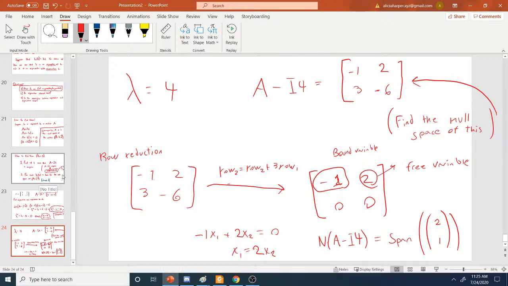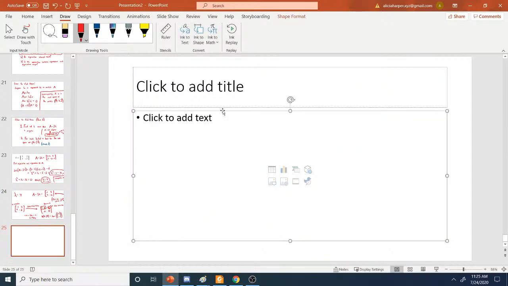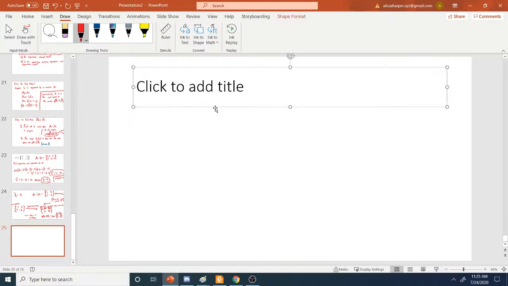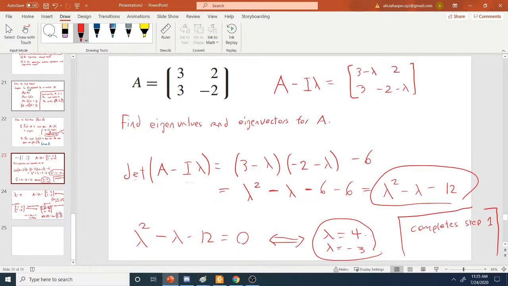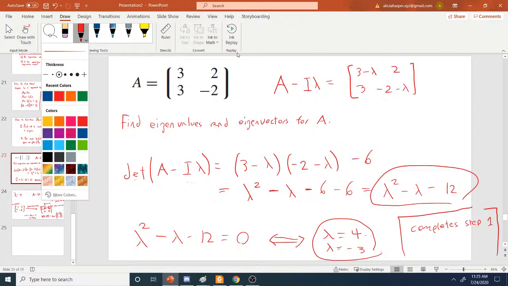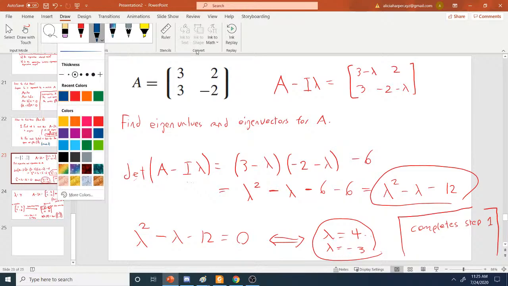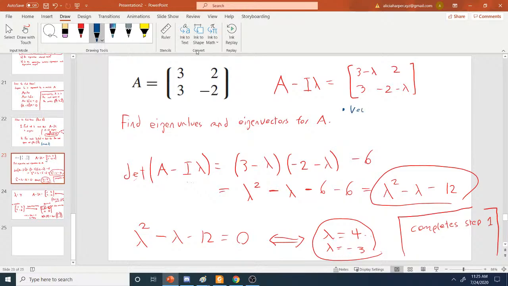So let's go back up here and note that vectors of the form alpha times 2, 1 are eigenvectors with eigenvalue 4.